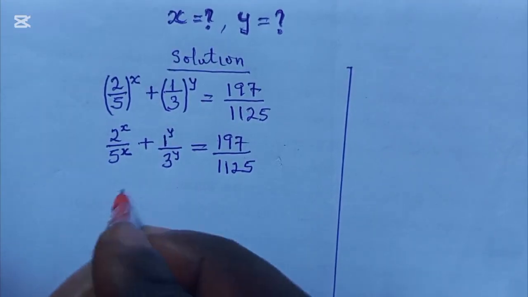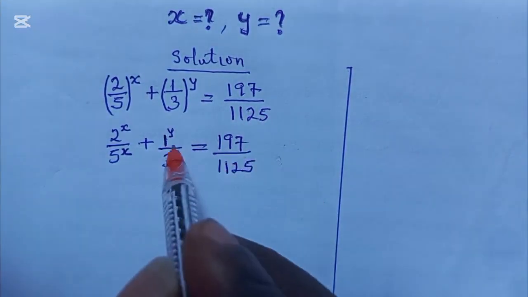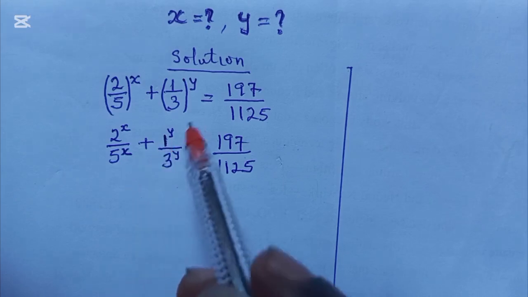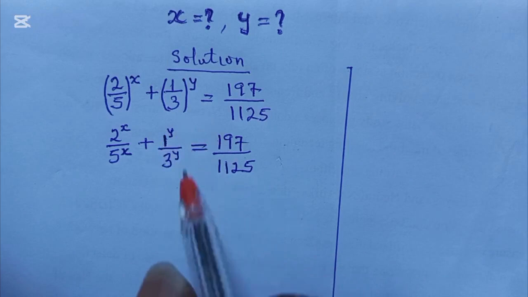Recall that if we have 1 raised to the power of any value, we always have 1. For example, 1 raised to the power of 100 is still 1, and 1 raised to the power of 1 is still 1.